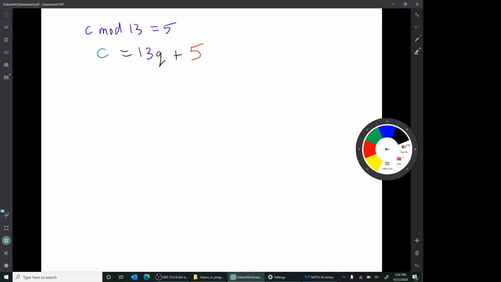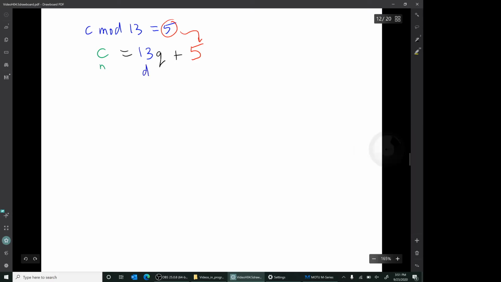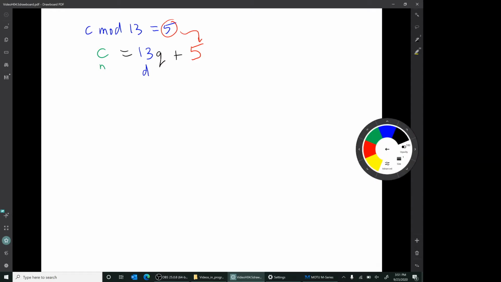So from the first expression, c mod 13 equals 5, all we can know is that the remainder is 5. Well, we know that the n is this unknown letter c, and the d is this blue 13, and q, well, we don't really know what q is. It's just unknown.